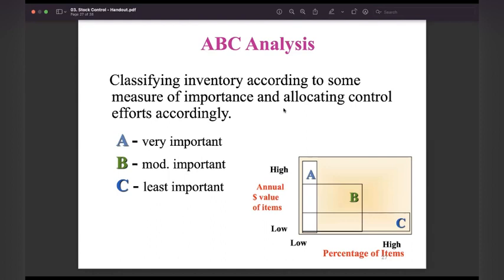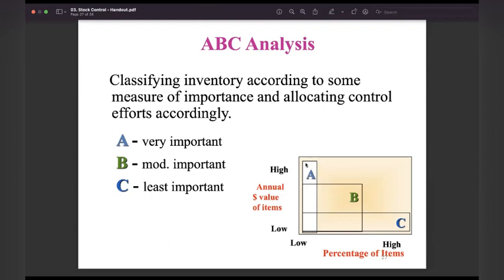The materials that are very important, we classify under A. Then the materials that are moderately important, we classify under B. Materials or inventory which are least important, we categorize under C. So the materials categorized under A, the very important level, have high value.